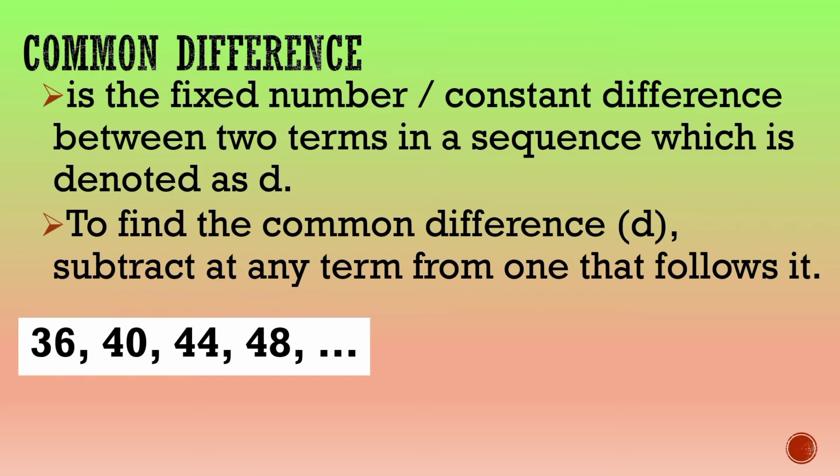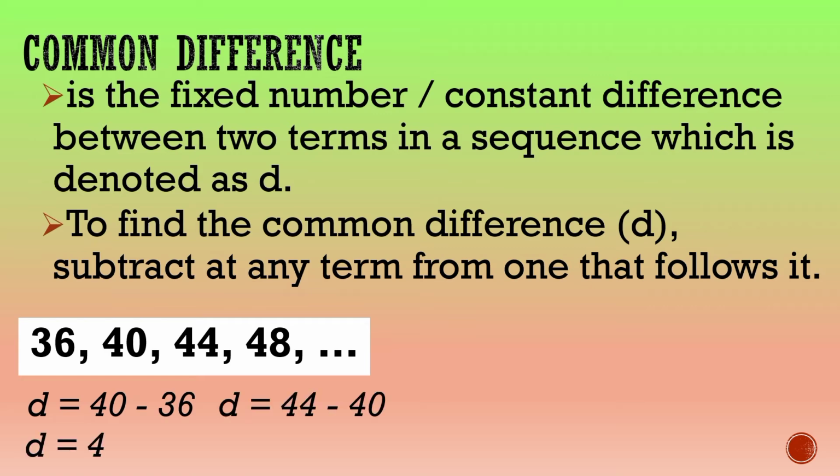Let's say, for example, 36, 40, 44, 48, and so on. Para makuha natin ang common difference, isasubtract natin yung bawat term. Let's say, for example, D is equals to 40 minus 36. So, 40 minus 36 is 4. How about 44 minus 40? 4 din siya.